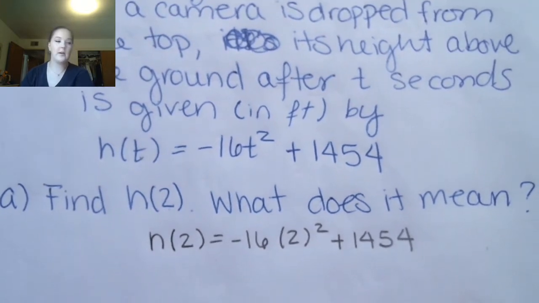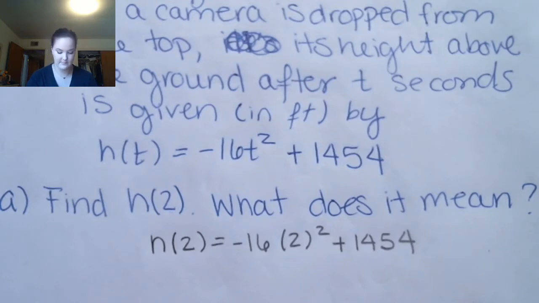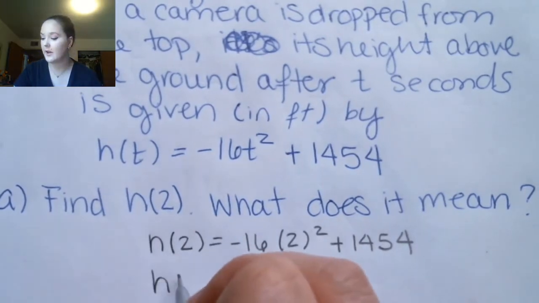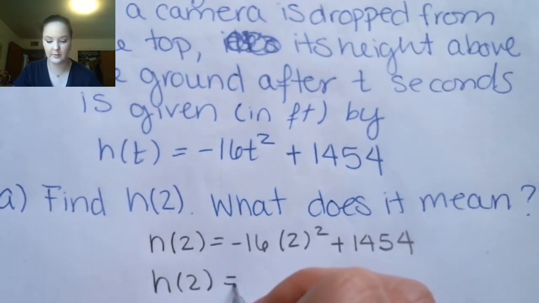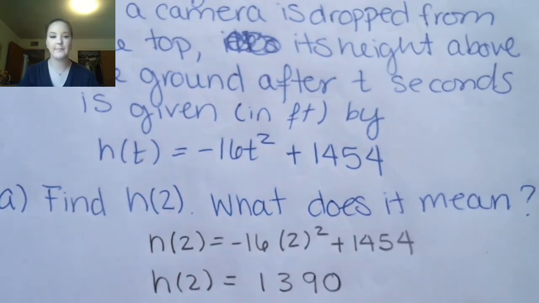Okay, and then we are going to find out what that is equal to. Just using my calculator here, I got h of 2 is equal to 1,390. Okay. All right, so that's the part that uses function notation.